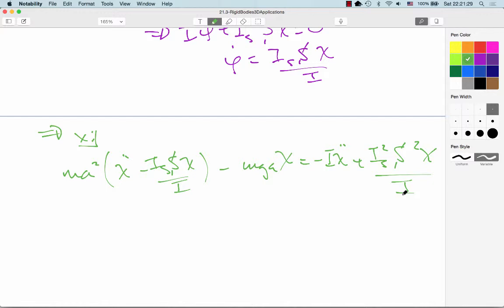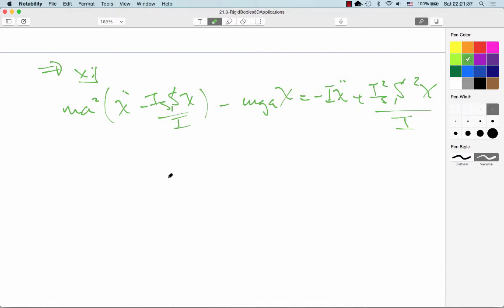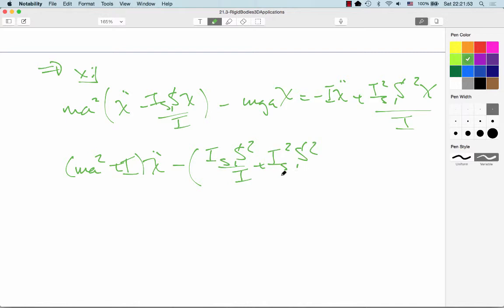I guess we can group the chi. We'll just try to get this into some kind of standard form. So again, ma squared plus I chi double dot minus I_s s squared over I plus I_s squared s squared over I, plus mga times chi equals 0.